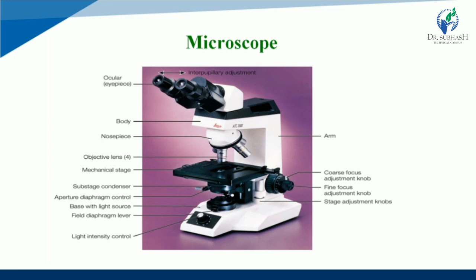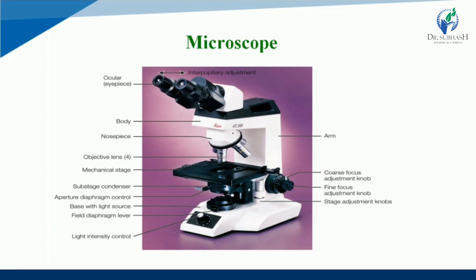Below the arm, coarse focus adjustment knob for focusing purpose is present. Below coarse focus adjustment knob, fine focus adjustment knob is present, and below the fine focus adjustment knob, stage adjustment knob is present.